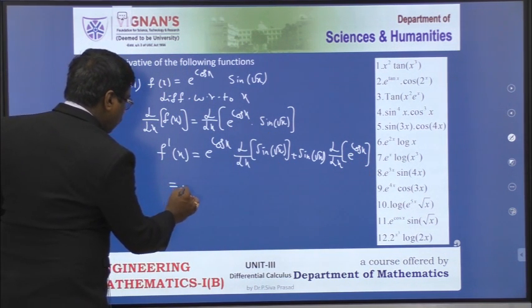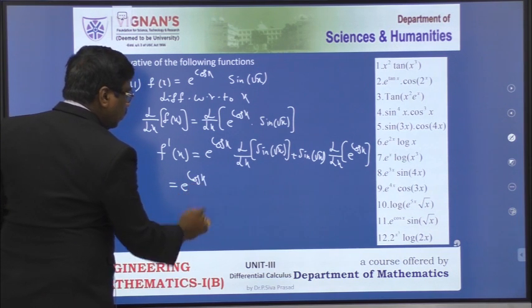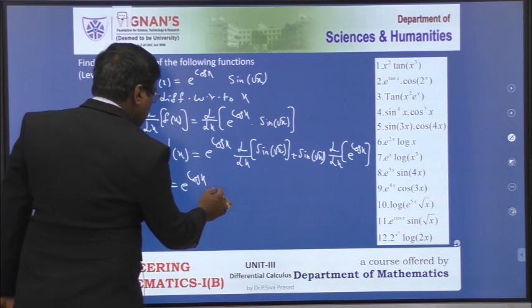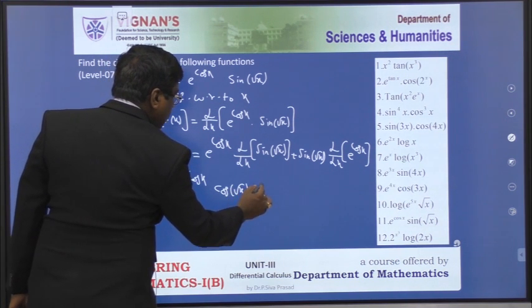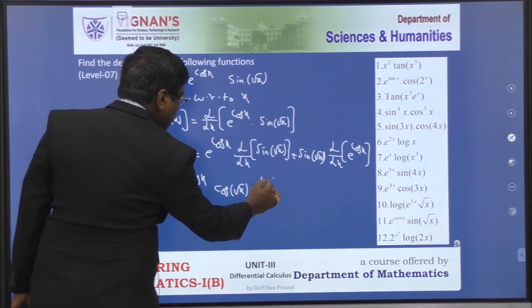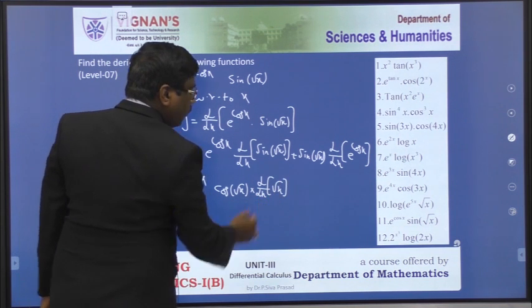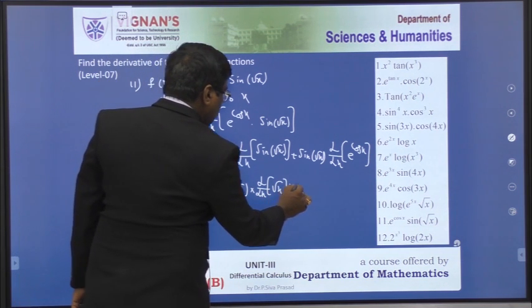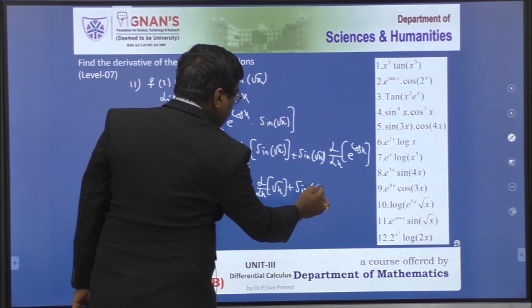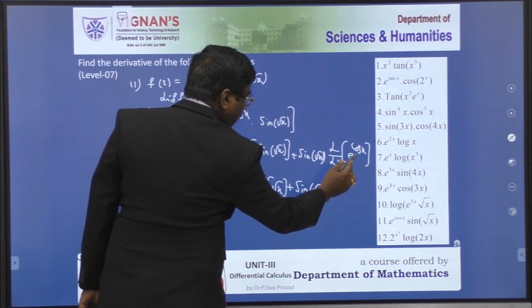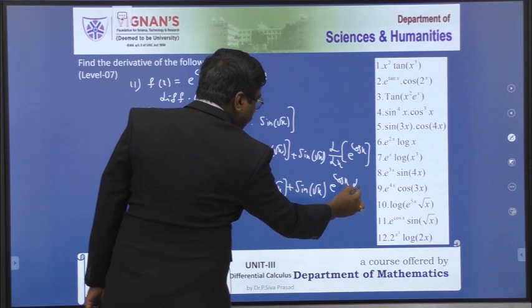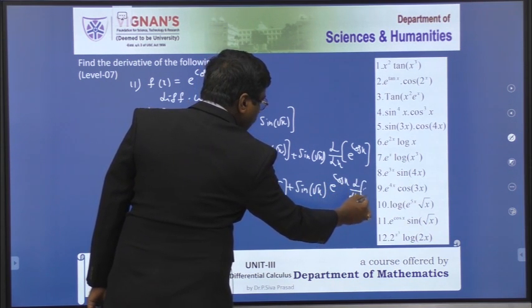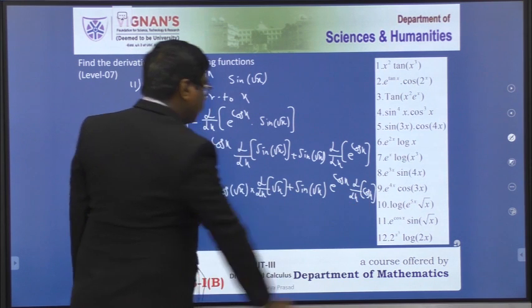Therefore, that is equal to e power cos x into d by dx of sine of root x, which is cos of root x into the derivative of root x, plus sine of root x into d by dx of e power cos x, that is e power cos x into the derivative of the internal function, which is cos x.